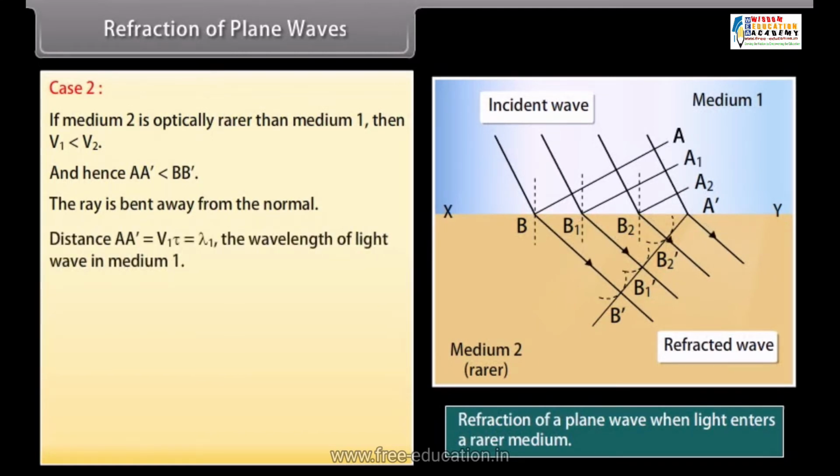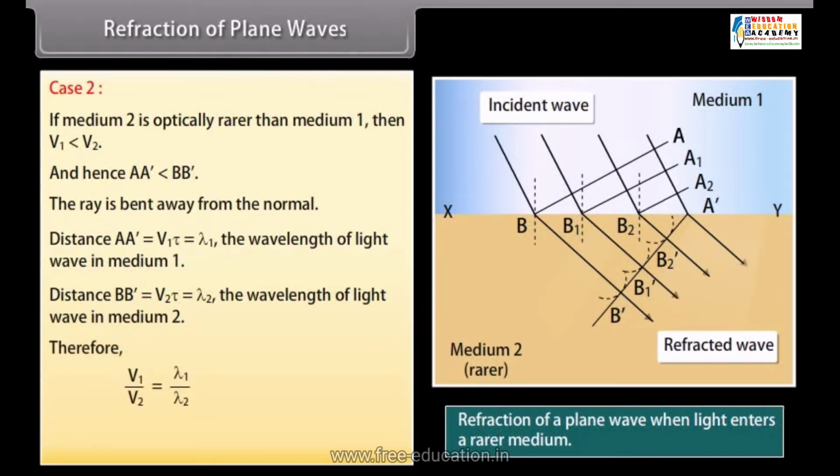Distance V1 t is equal to lambda 1, the wavelength of light wave in medium 1. Distance V2 t is equal to lambda 2, the wavelength of light wave in medium 2.